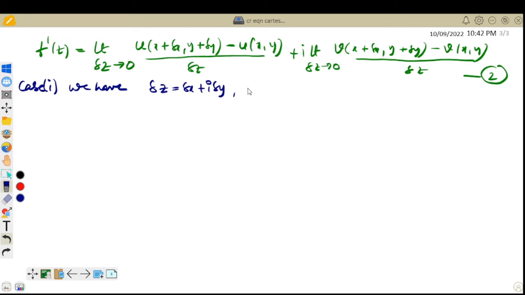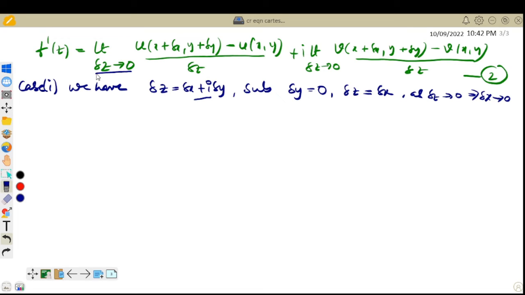First, I substitute delta y equal to 0 here. Delta y equal to 0 means the delta z value becomes delta x. And you know that as delta z tends to 0, which implies delta x tends to 0.